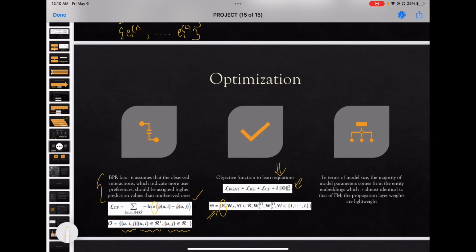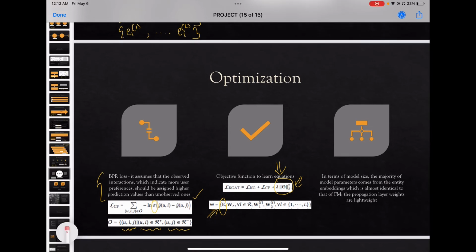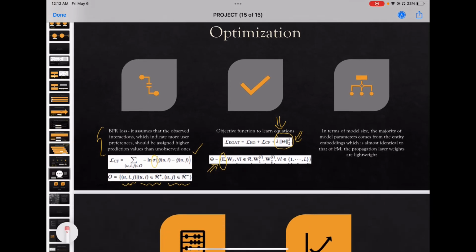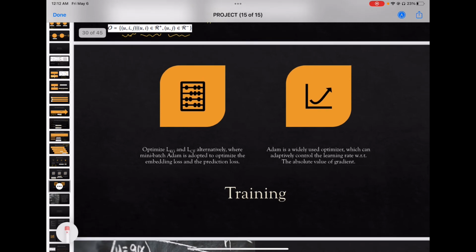L2 is a regularization parameter, parameterized by this entire term, which is used to prevent overfitting. The next thing we look at is how training is done for this model.